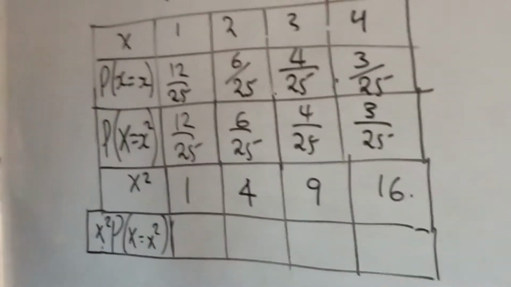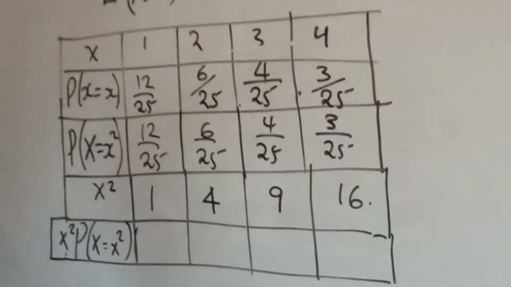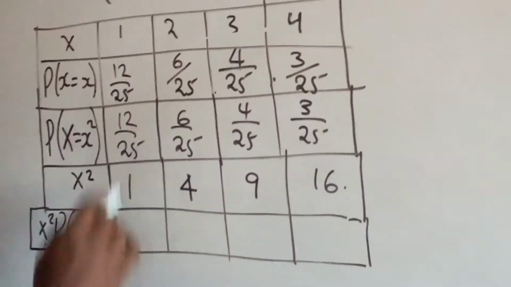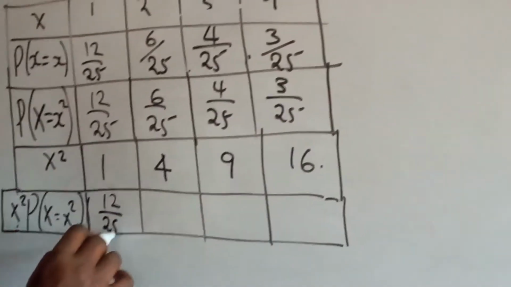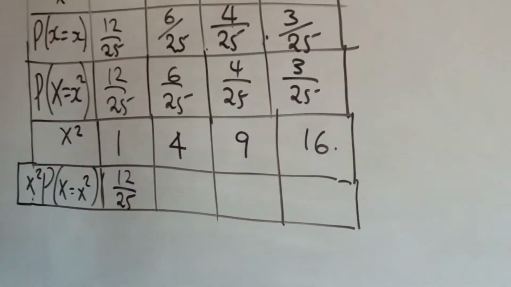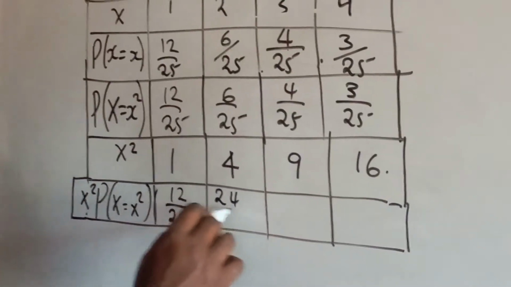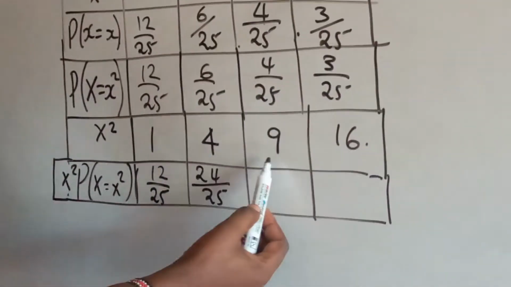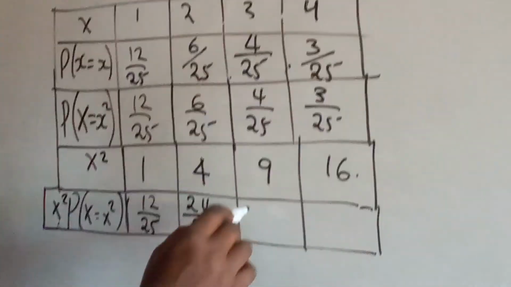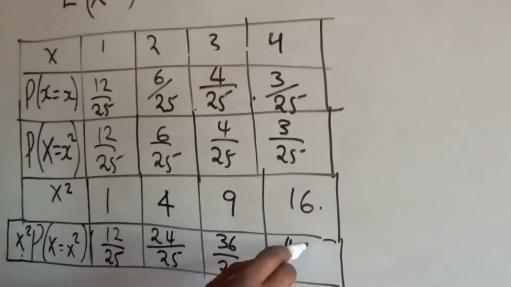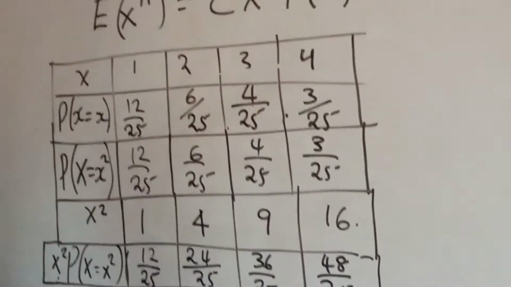And what exactly do we mean by that? x squared times the probability. So 1 times the probability, we get 12 out of 25. 4 times 6 is 24, 24 out of 25. The x squared here is 9, times 4, is 36 out of 25. 16 times the probability is 48 out of 25.